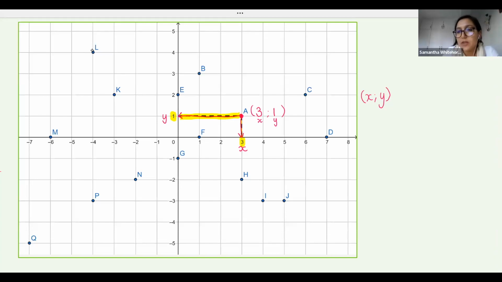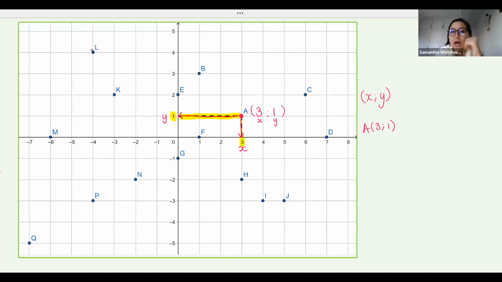And basically what this does is it tells us that point A can be found at an x value of 3 and a y value of 1. And so now we know exactly where to find it on our Cartesian plane.